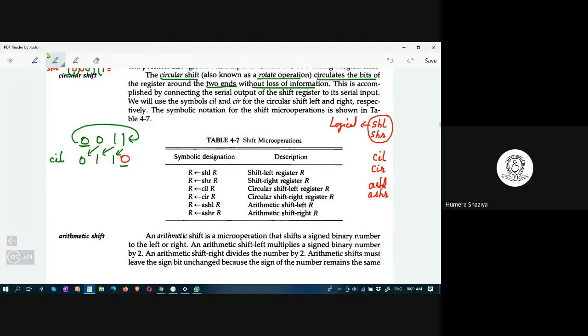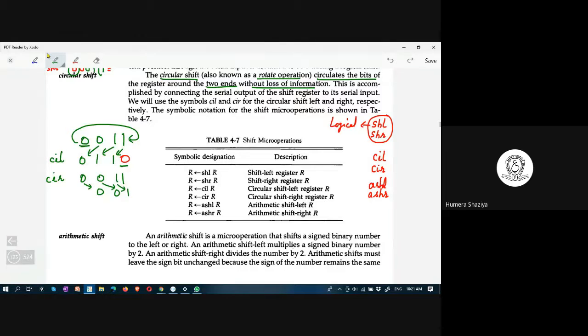Now consider the operation CIR, which is circular shift right. Take the same number, 0011. In circular shift right, this 0 is shifted to the right, this 0 is shifted to the right, and this one is shifted here.